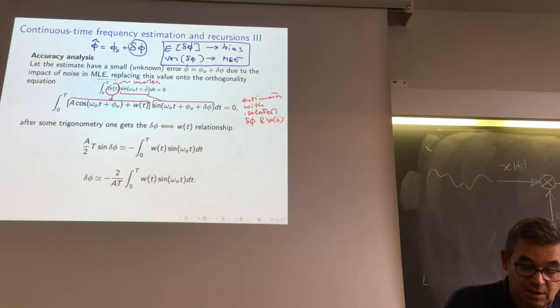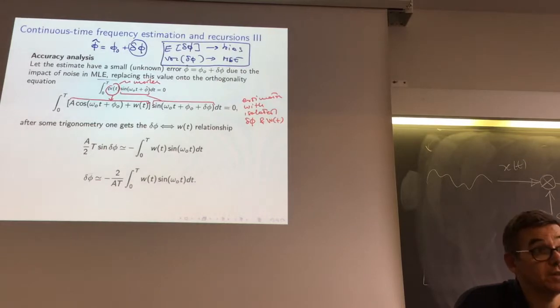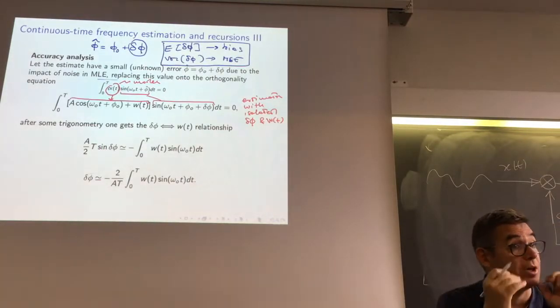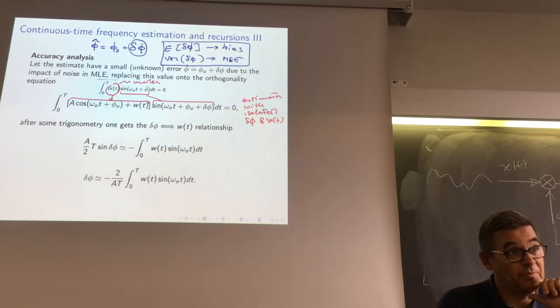This relationship is A0 divided by 2 multiplied by T sine delta phi, which is the random term, equal to minus the integral from 0 to T of w(t) sine omega 0 t dt.